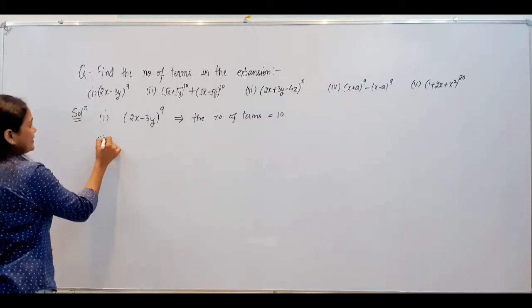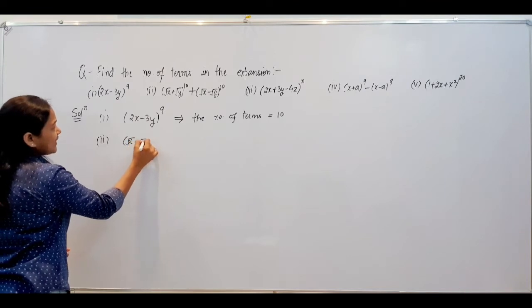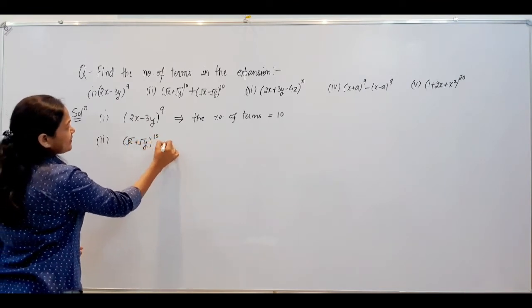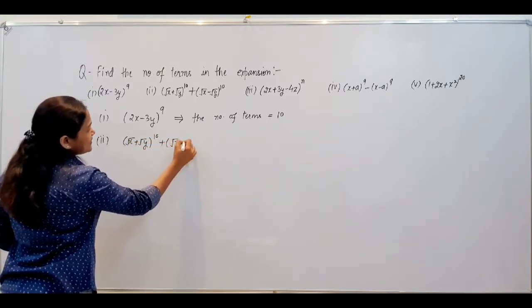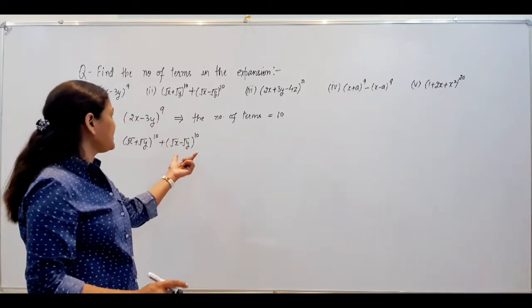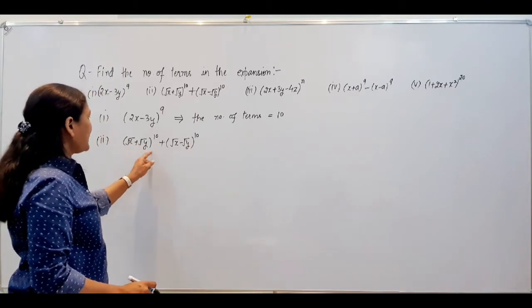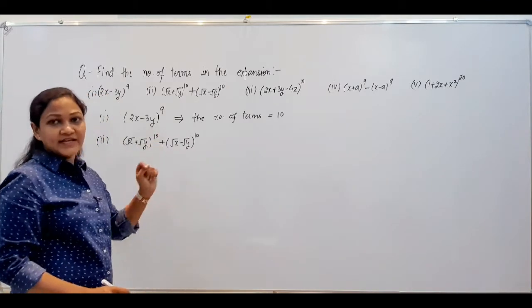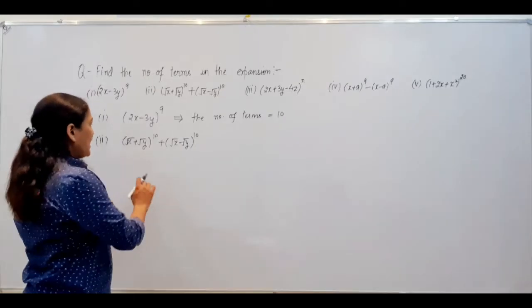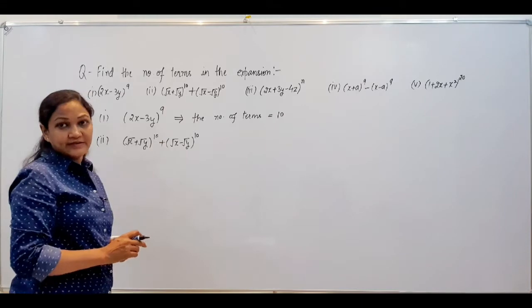Now let us take your second expression, root x plus root y raised to power 10 plus root x minus root y raised to power 10. This expression is similar to x plus y raised to power n plus x minus y raised to power n, and the number of terms will depend on n.